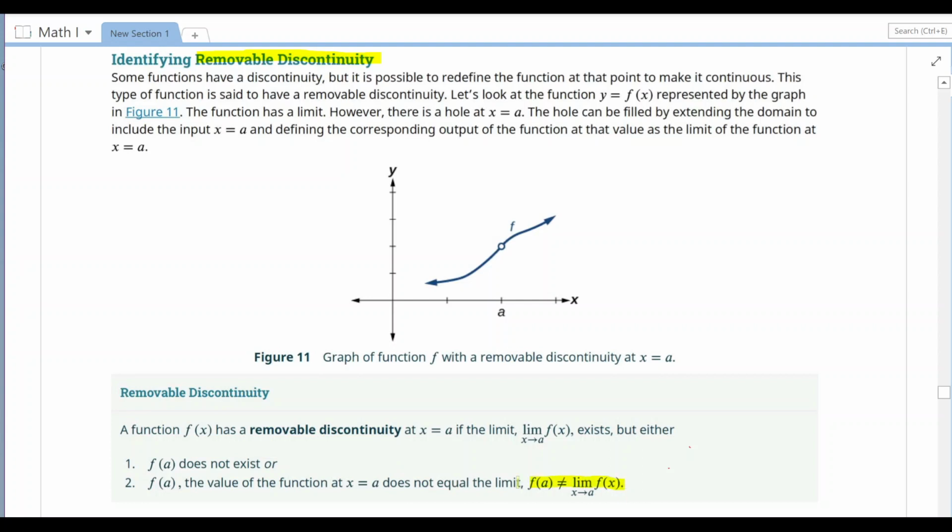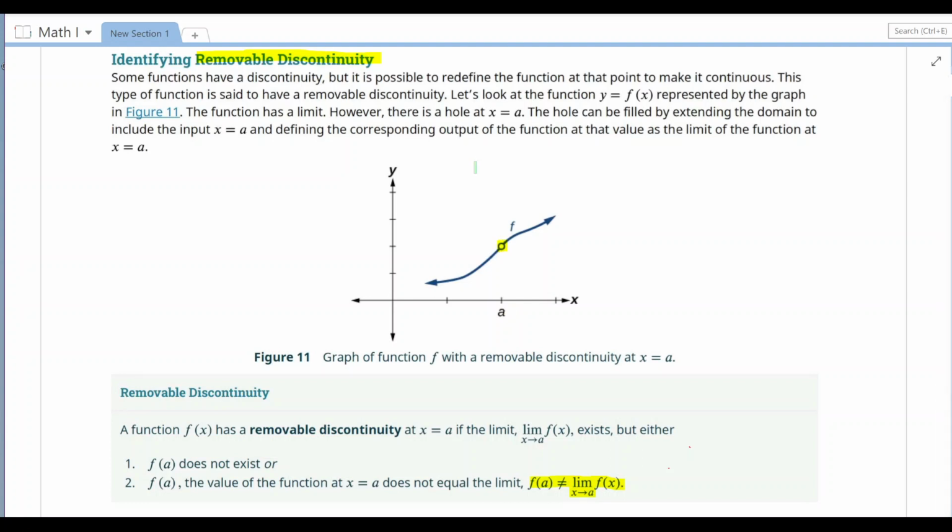The value of that function at x equals a is not the same as the limit of that function as x approaches a. As you can see here, the value of that function at x equals a is shown by the hollow circle here.